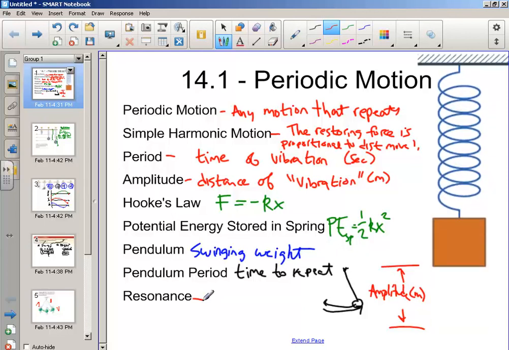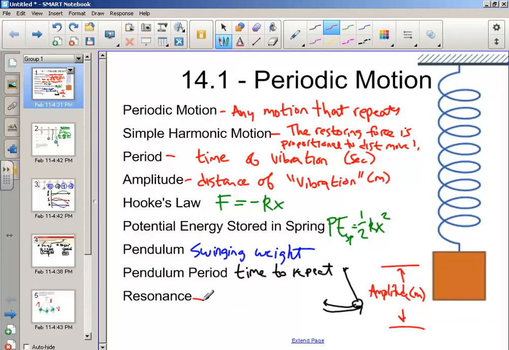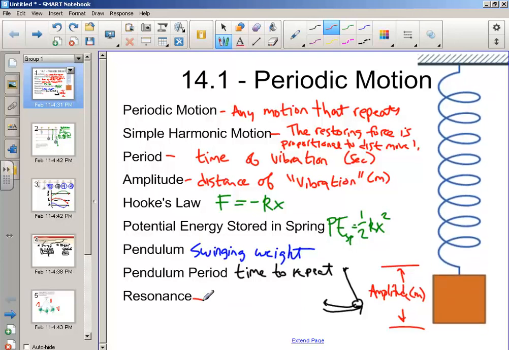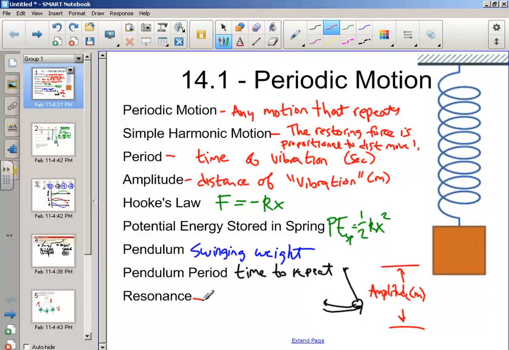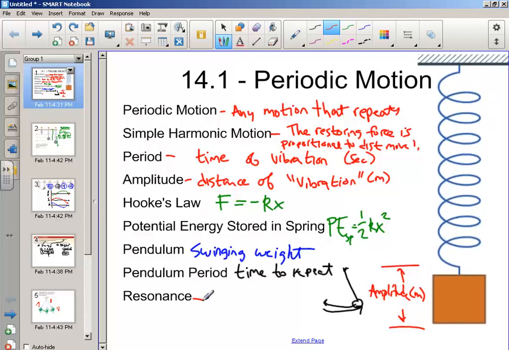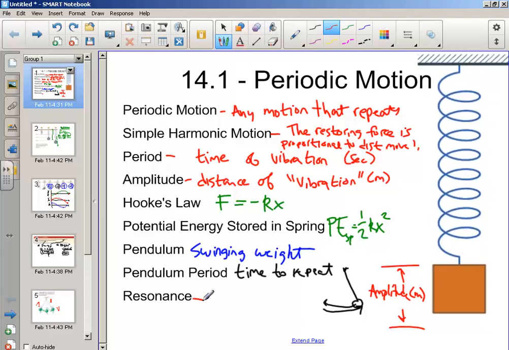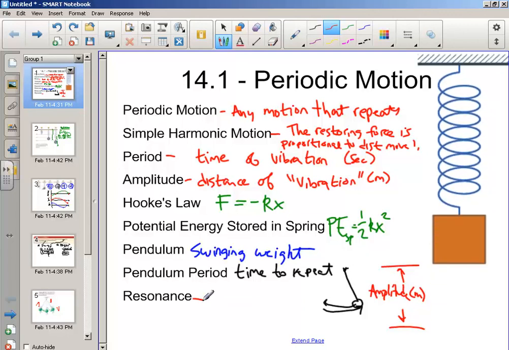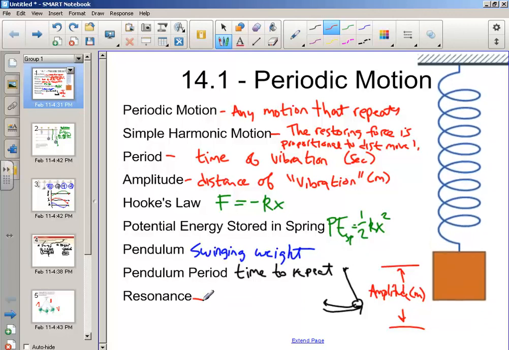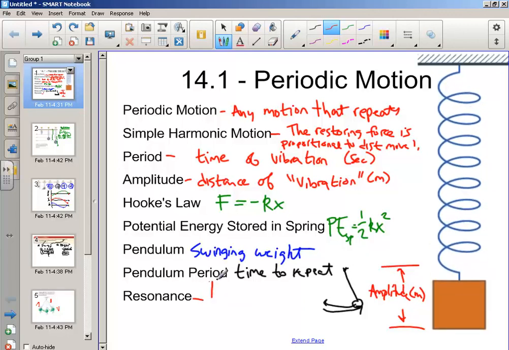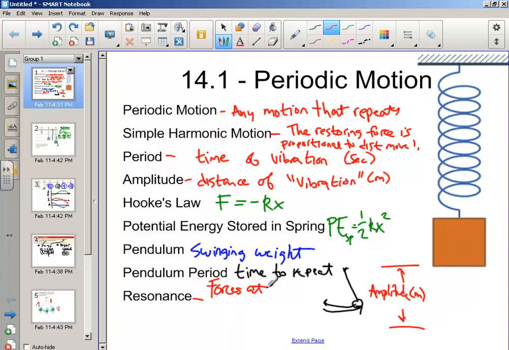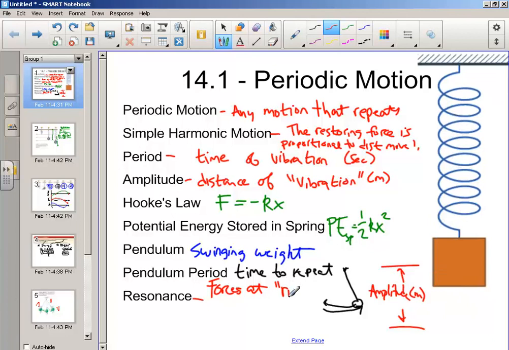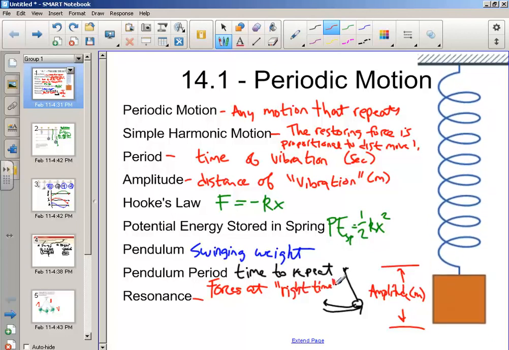So my pendulum that's bobbing up and down here over at the right, if you push on it at just the right frequency, meaning if I were to, like right now, push down, push down, push down, you have to push at the right time and you can build amplitude. So we're going to say forces at the quote-unquote right time to build amplitude.